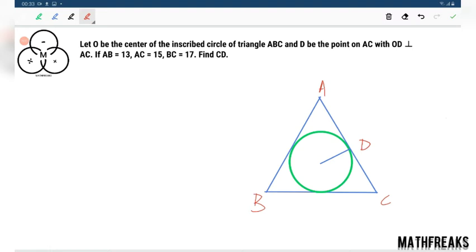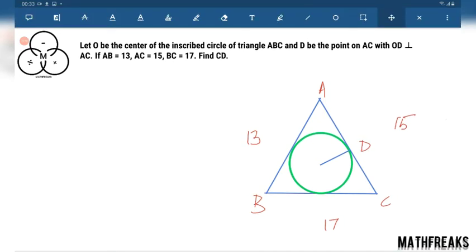AB equals 13, AC equals 15, BC equals 17. We need to find the measure of CD.